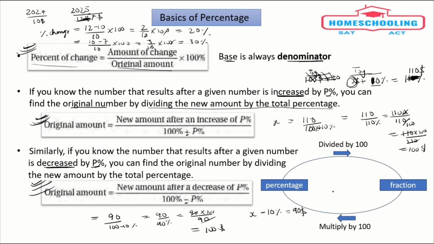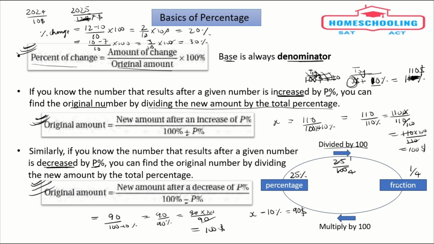Now we have one more thing: if you want to convert percentage to fraction and fraction to percentage. So if you want to convert percentage to fraction, let's say it is 25%. What we have to do is 25 divided by 100. So that would be 1 by 4. So the fraction would be 1 by 4. So to convert percentage to fraction, you divide by 100.